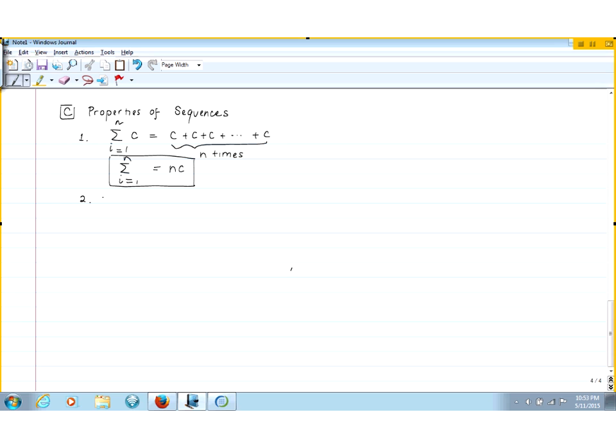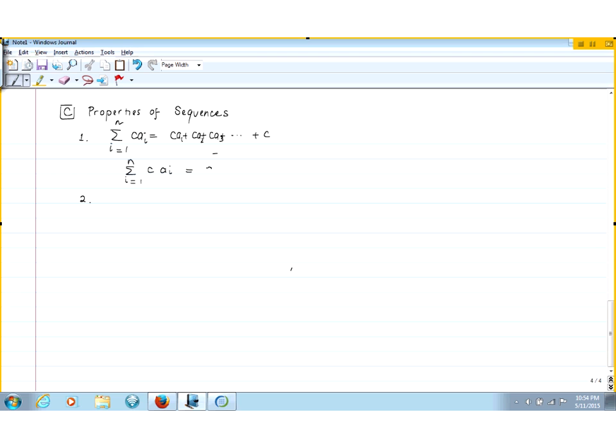Now, the second one. I should put AI here. So CAI: CA1, CA2, CA3.